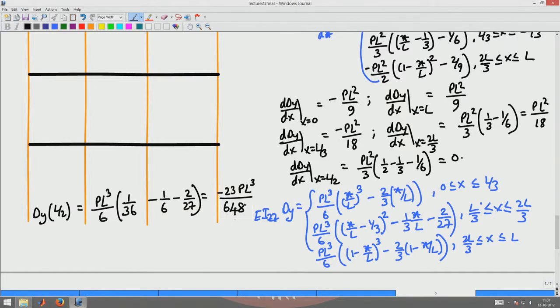Okay. Similarly, delta y at L by 3 is going to be, substituting x equal to L by 3 in this equation or in this equation, minus 5 PL cube by 27 into 6.